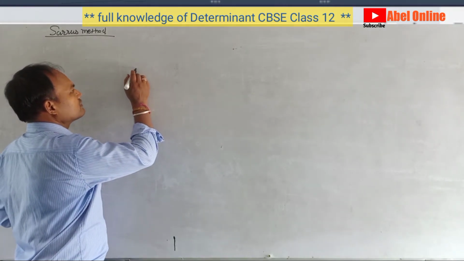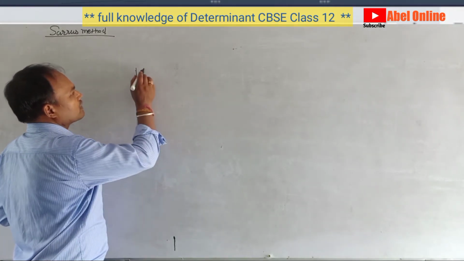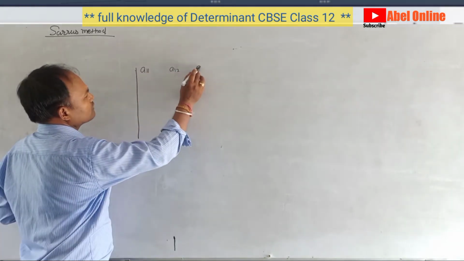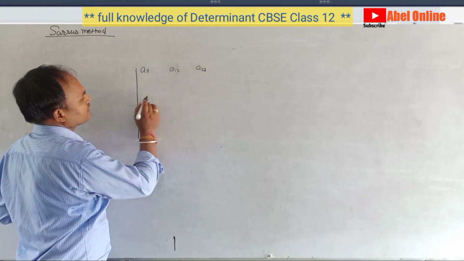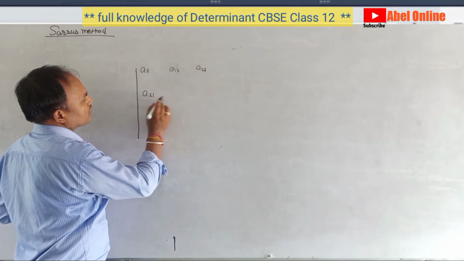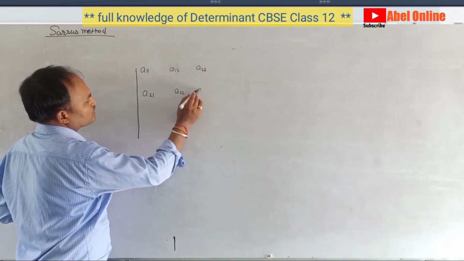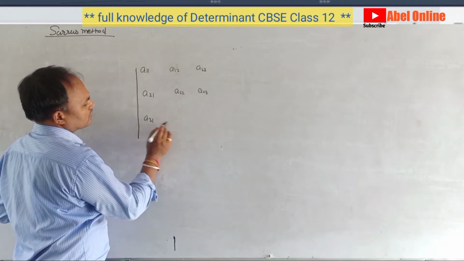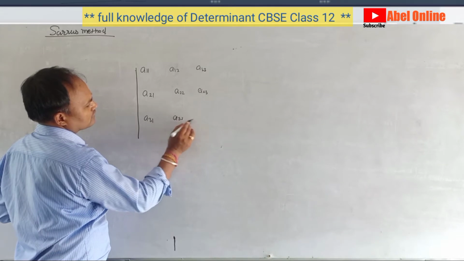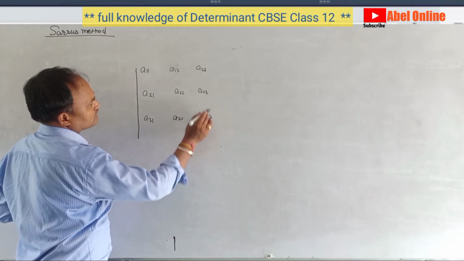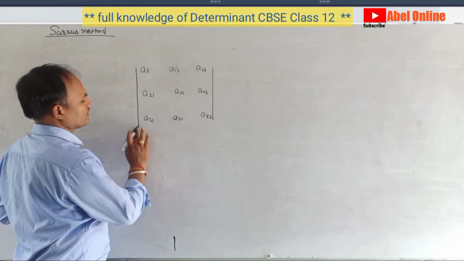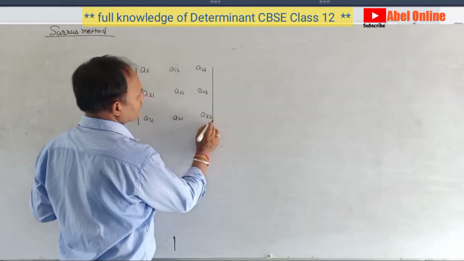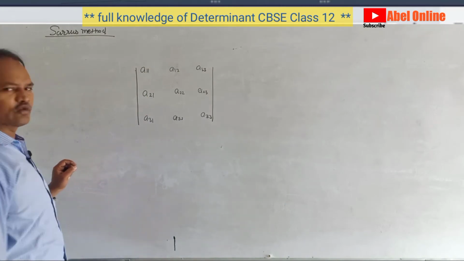Just write a determinant, that is A11, A12, A13, A21, A22, A23, A31, A32, A33. This is a determinant. This is the determinant of 3 cross 3, students.